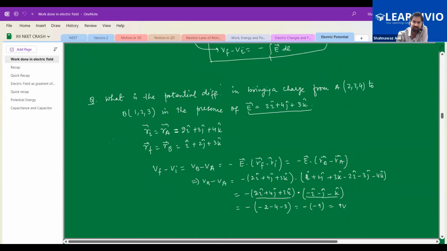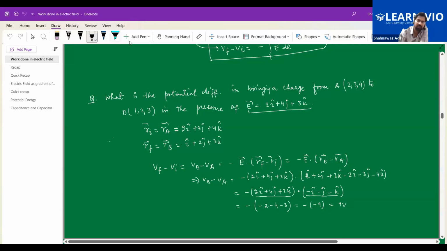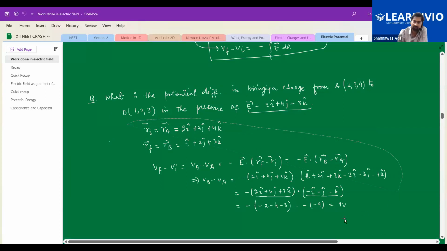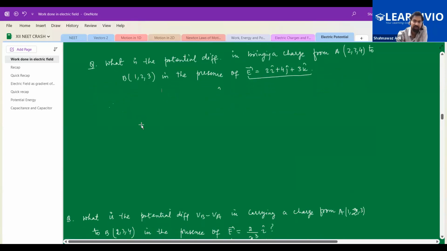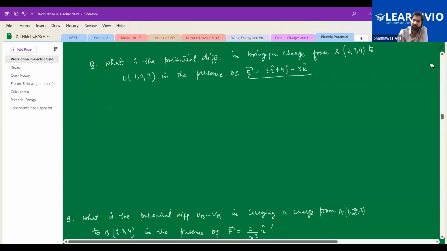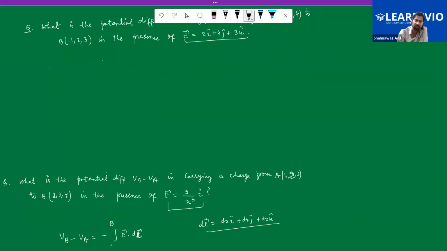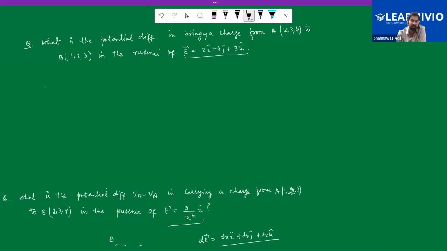What is the potential difference here? This one is quite easy to solve, right? So we have this question: what is the potential difference in bringing a charge from A to B in the presence of this electric field?